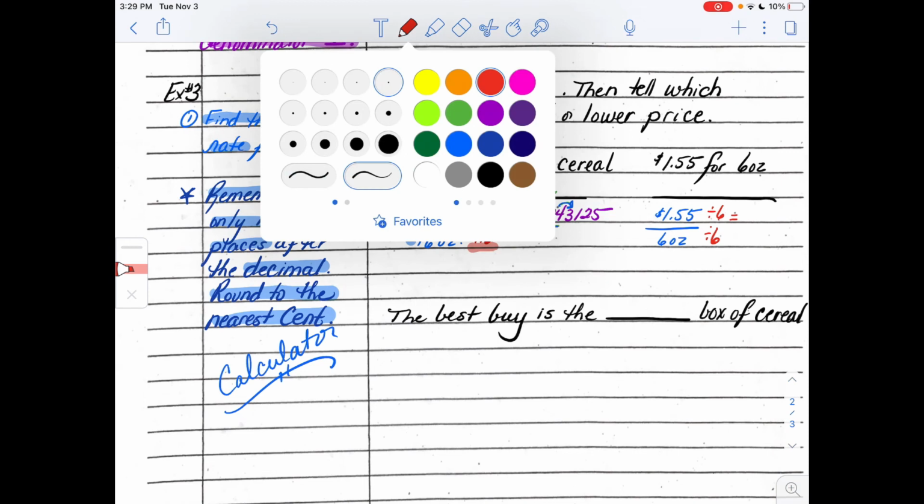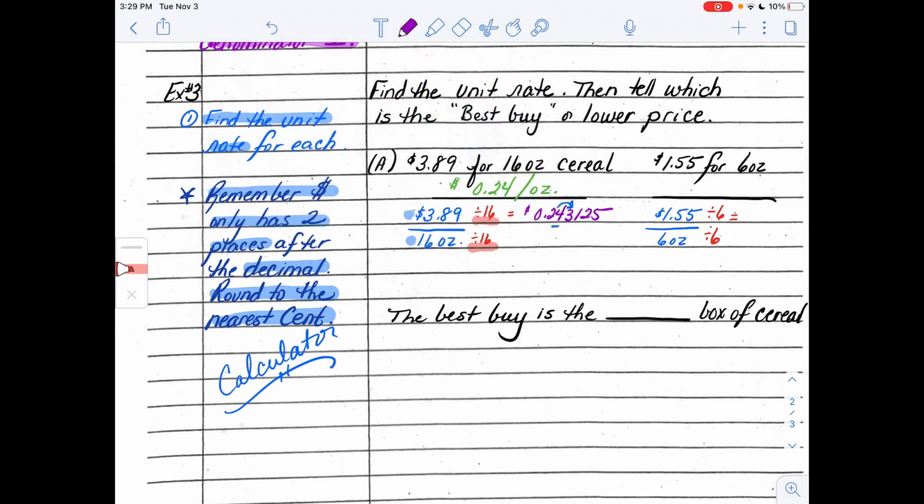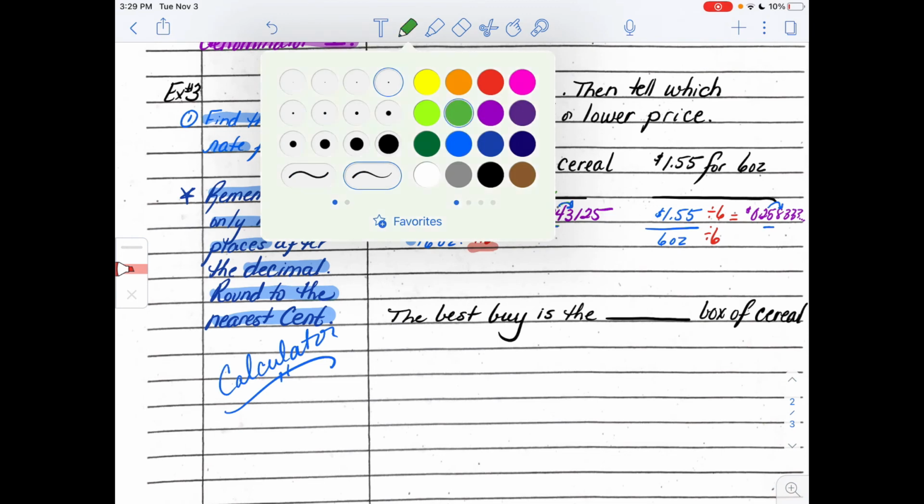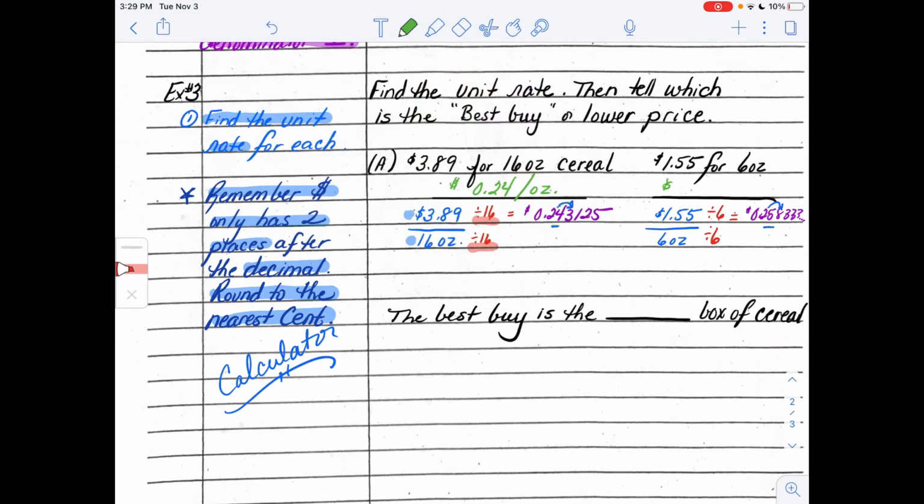And if I get my calculator out and I divide 1.55 divided by 6, I should come up with 0.258333, and it goes on and on and on. But I don't care about that. I know I only can have 2 places after the decimal, so I really only need 3 numbers, because if I look at that number next to the 5, it's an 8, which means that is going to increase it.